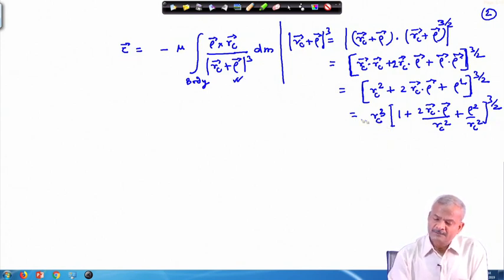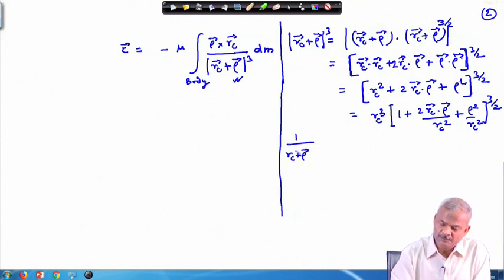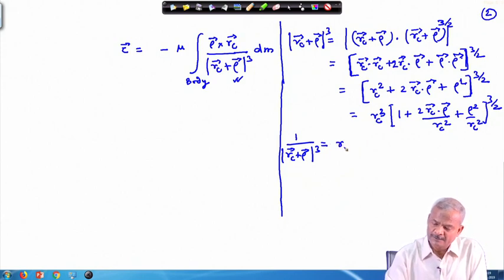Now this term here is lying in the denominator, so we have to take it upside, like here in this place itself I will work and then transfer it here. So, 1 by R c plus rho whole cube, this quantity will be then R c to the power minus 3 and then 1 plus 2 R c dot rho over R c square plus rho square over R c square to the power minus 3 by 2.